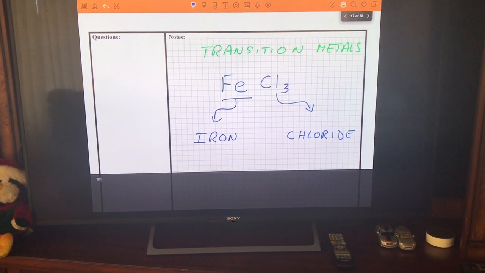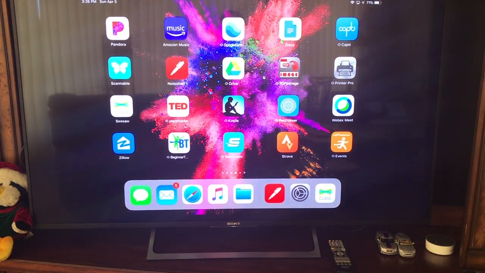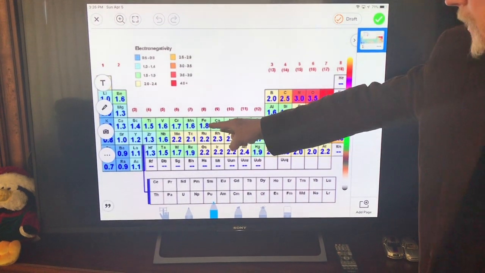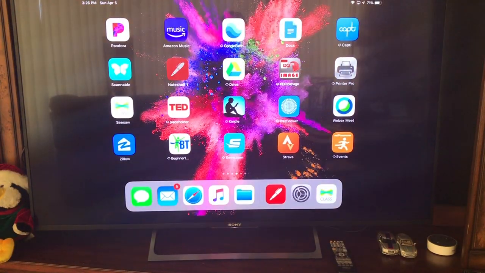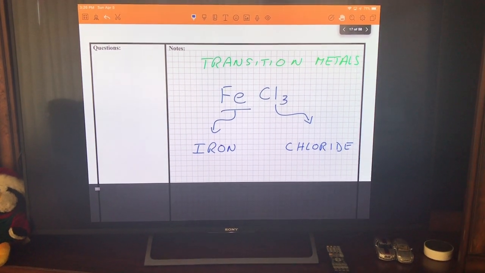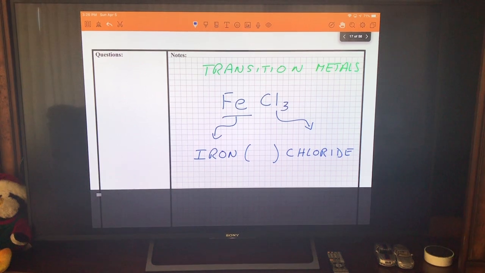All right. When we look at our periodic table, we know that iron is right in the center of the periodic table. It is a transition element, and so we need to make sure that we include the charge. But how do we figure out the charge?